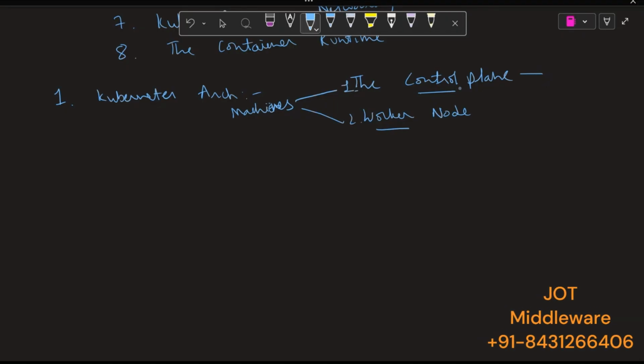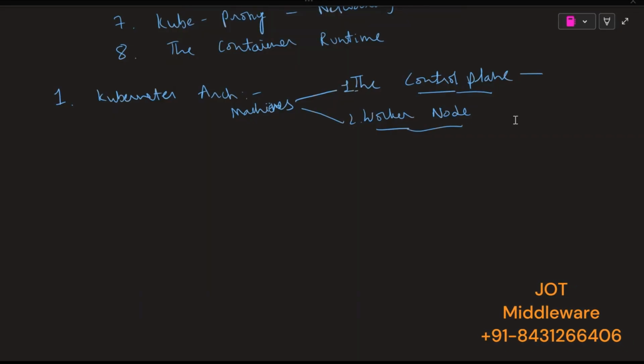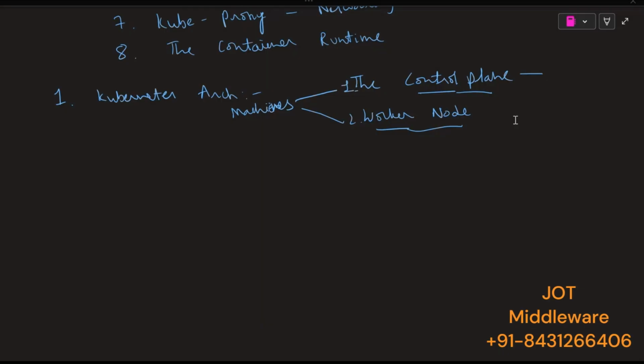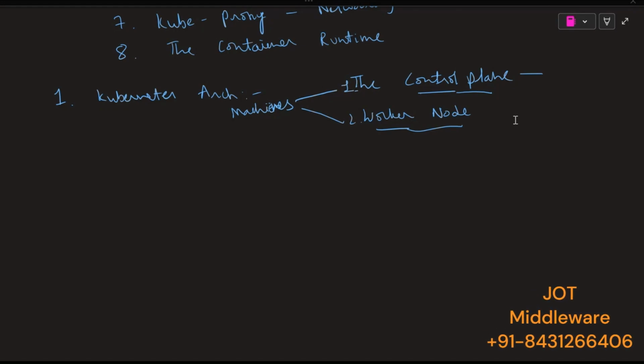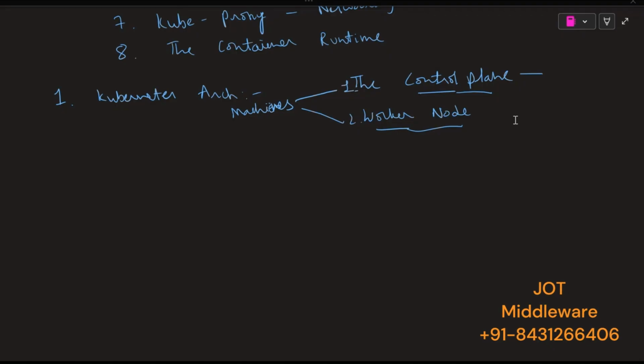Everything is controlled by the control plane, and the worker node is the labor, the worker actually. The control plane makes all the decisions, and the worker nodes, you can have multiple, do the actual work of running your containers. They communicate constantly to keep the cluster in the state you declared.